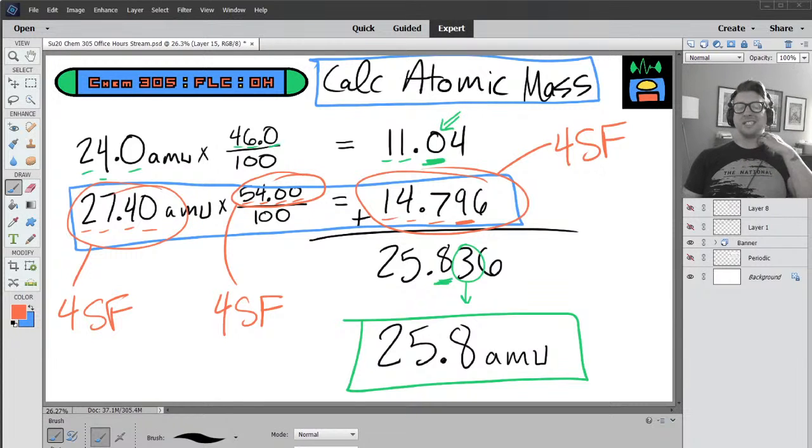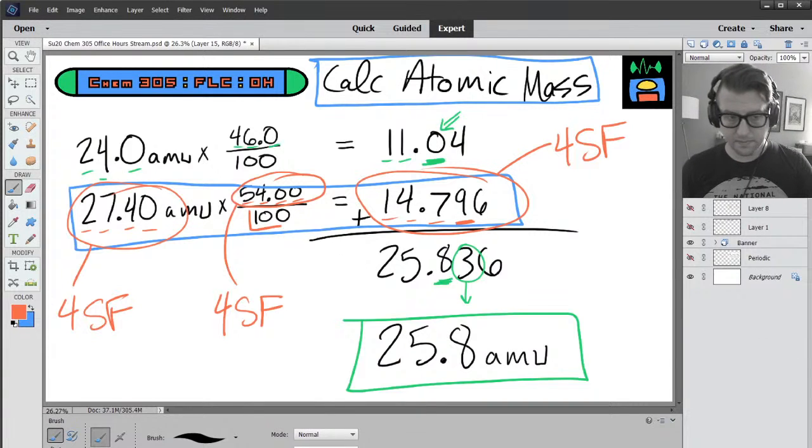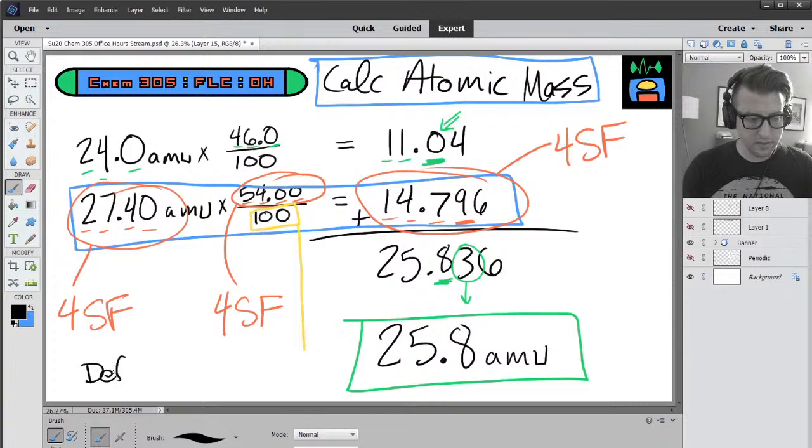So the 100 is exact. It does not influence your sig figs because this 100 right here is based on the definition of percentage.